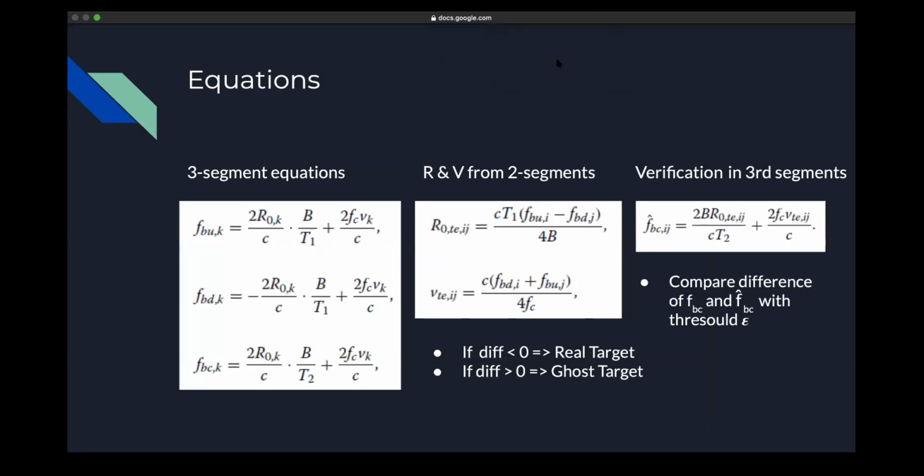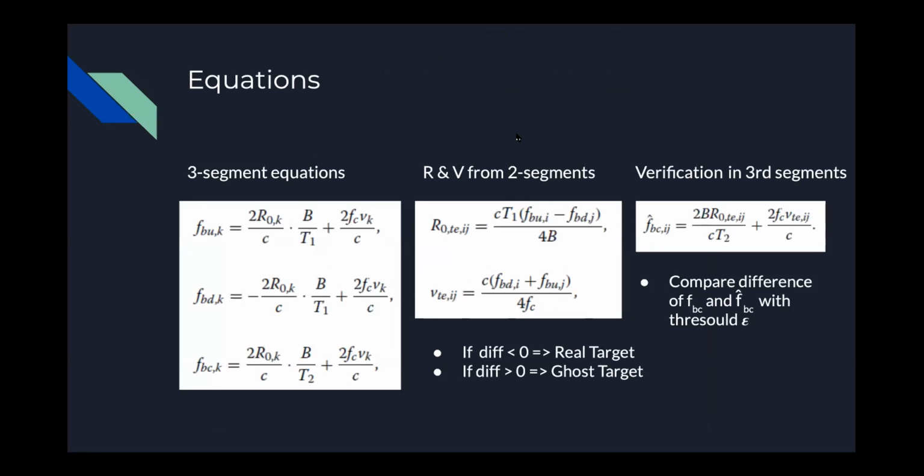How are we doing that? That is shown here. These are the three formulas corresponding to each chirp: FBU, FB up, FB down, and this FBC is for the verification one. From the FBU and FBD, we can find the range and the velocity. This range and velocity can be put in the third formula, and we get F cap BC. Now, we take the difference between FBC and F cap BC and compare it with a threshold value.